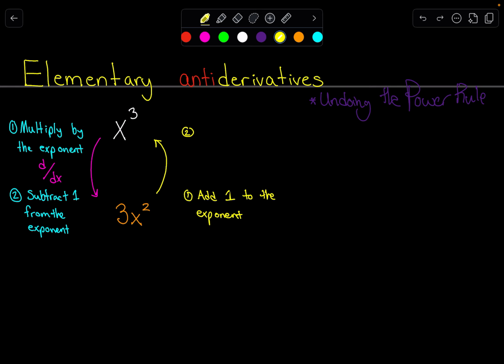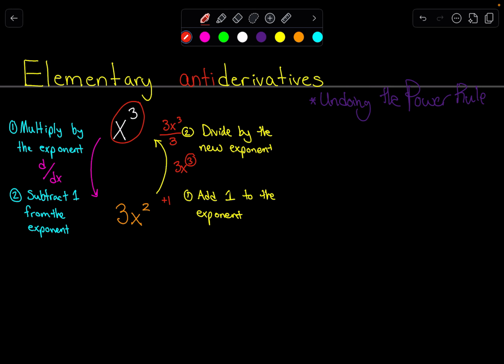To undo that, we are going to divide by the new exponent that we just got, which should make sense. If I add 1 to that exponent, I get to 3x cubed. And then if I divide by that new exponent of 3, I'm just going to get back to x cubed. And so this two-step process is how we undo the power rule.